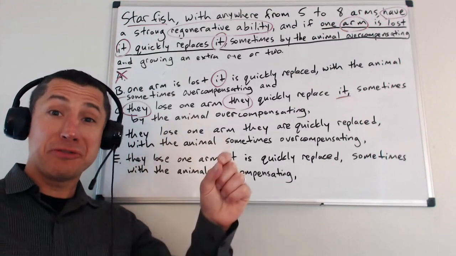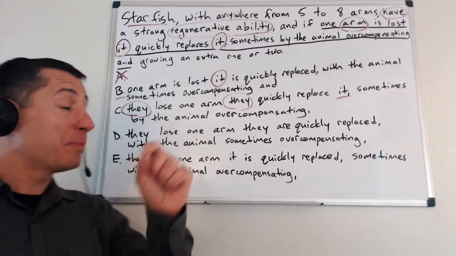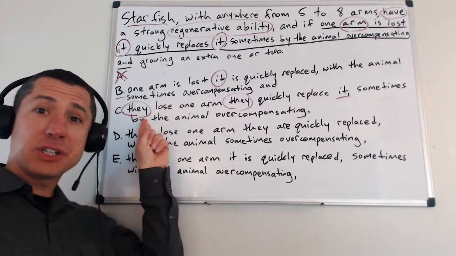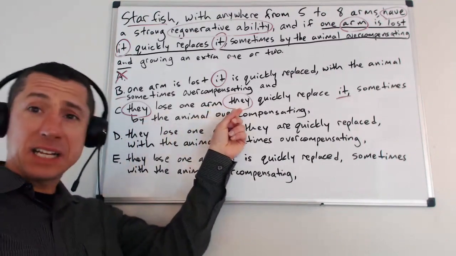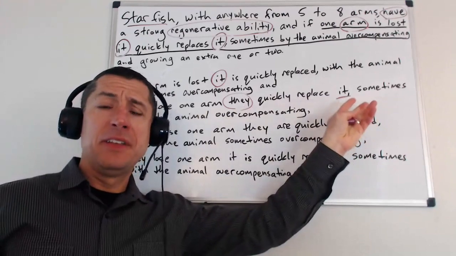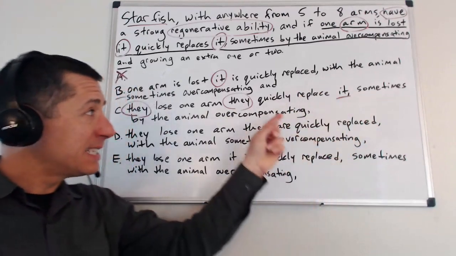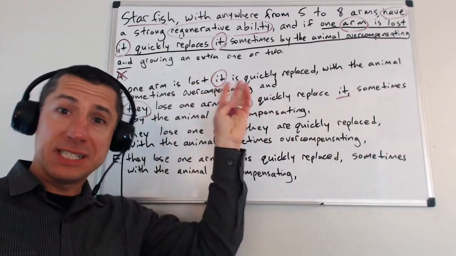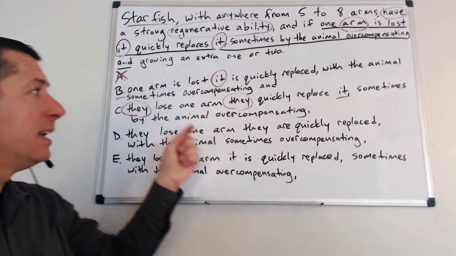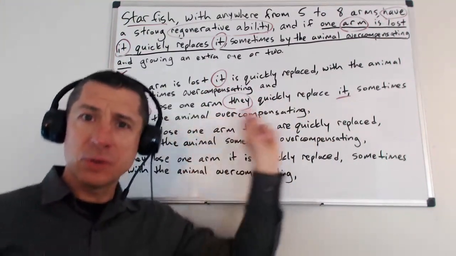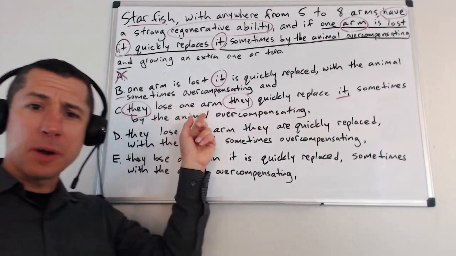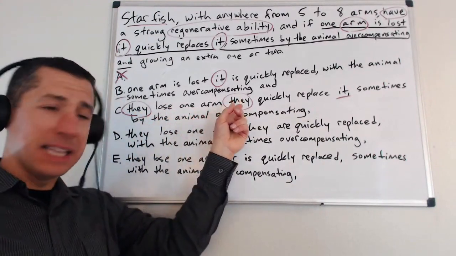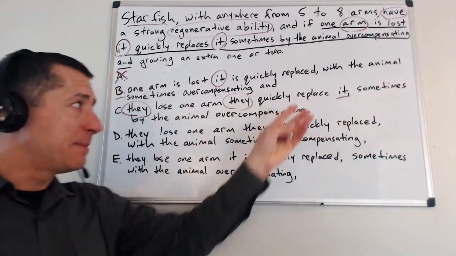An individual starfish would lose one arm, but it wouldn't make sense to say that starfish collectively, all of them, lose one arm, and they collectively replace that one arm. So really, really subtle. It's not to say that the they doesn't agree with starfish. It does from a mechanical standpoint, but it doesn't actually make sense logically when you string that whole sentence together, because what we're saying is the starfish collectively lose one arm and then they collectively replace that one arm. That doesn't make any sense.